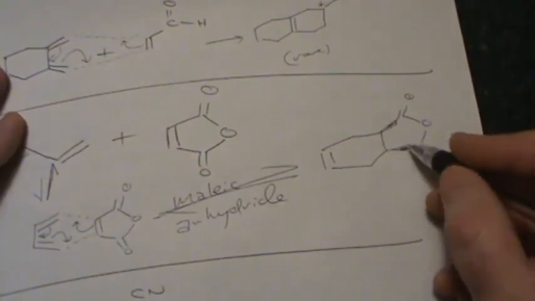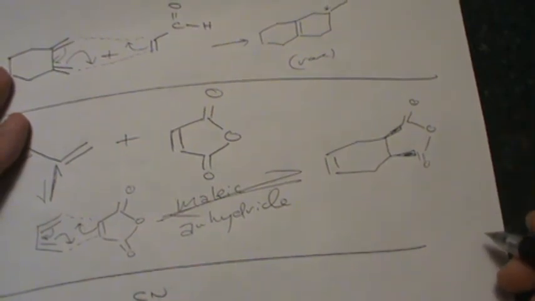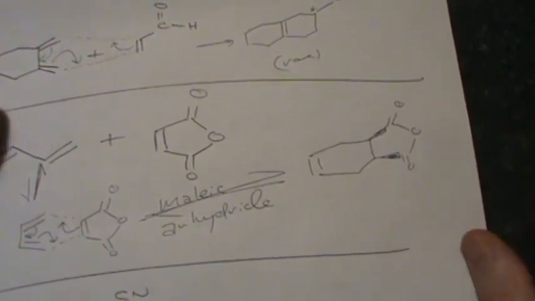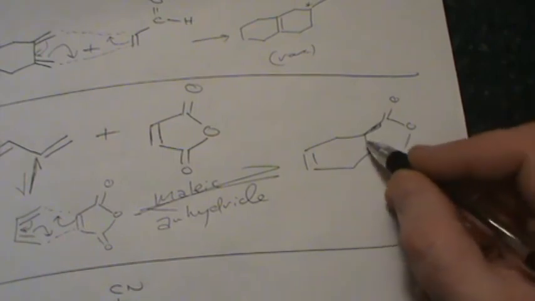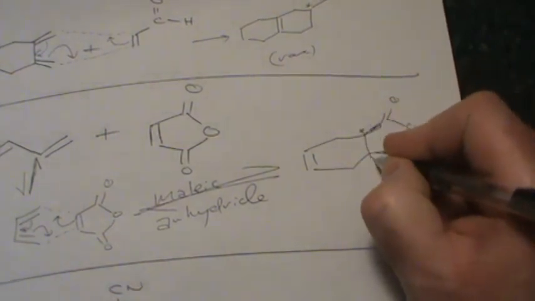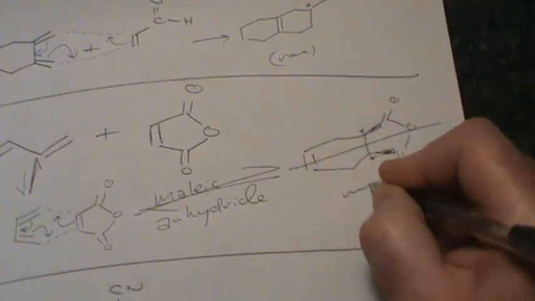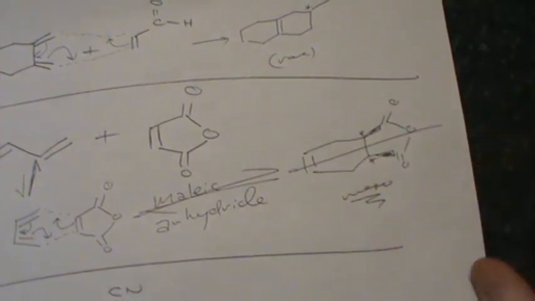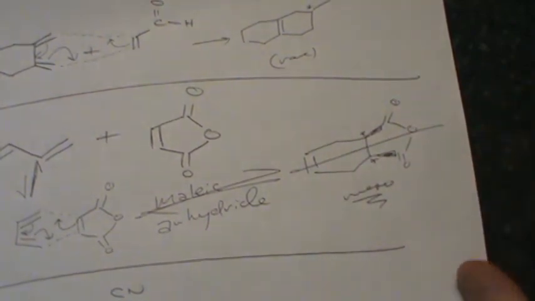It's a concerted cycloaddition, so this maleic anhydride is either going to approach from the top or approach from the bottom, and it's going to add in this syn fashion here. That would be the product. They're both stereogenic centers, but the compound is a meso compound, so optically inactive, just exactly as you'd expect.